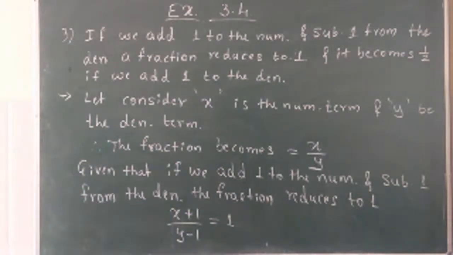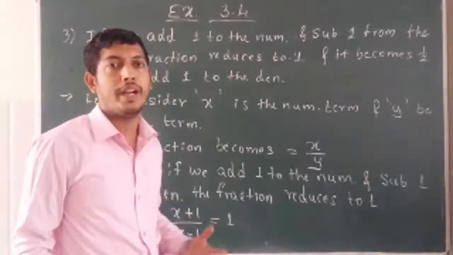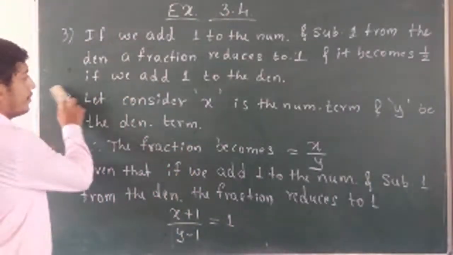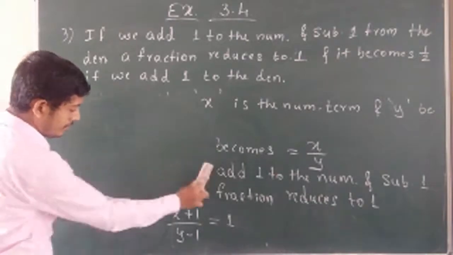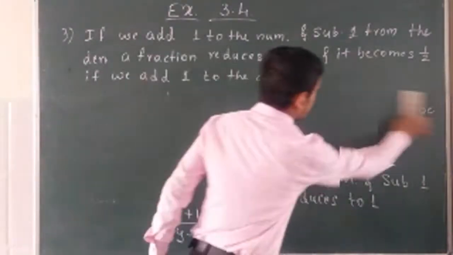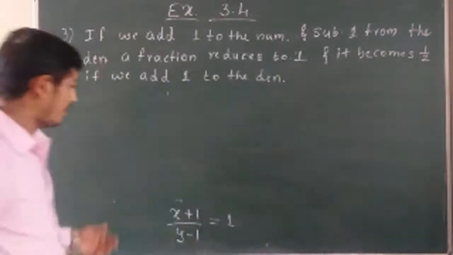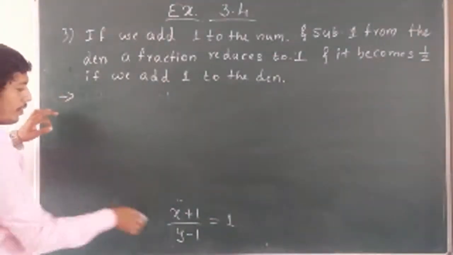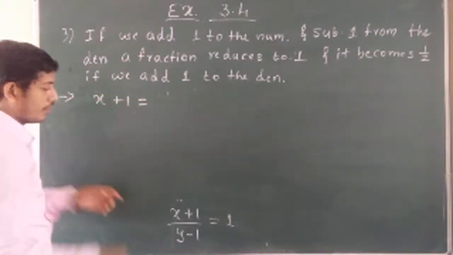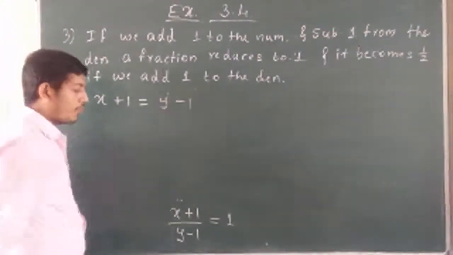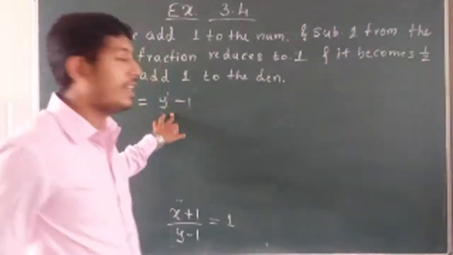Just look at the statement. The equations are not given, so we have to rearrange the statement and find out the equation. When we cross multiply this, it becomes x plus 1 equals y minus 1, because y minus 1 into 1 remains the same.